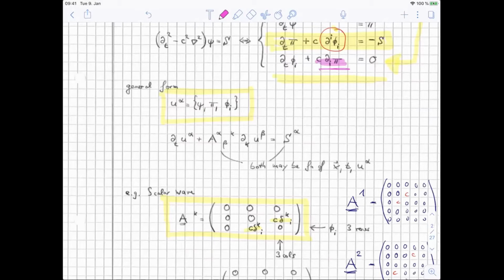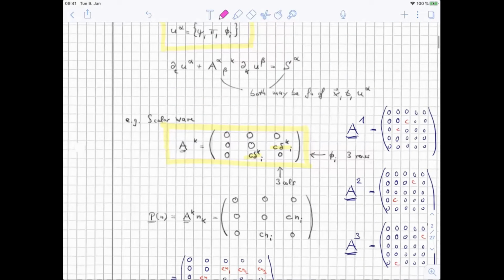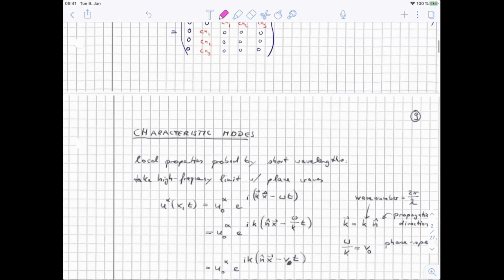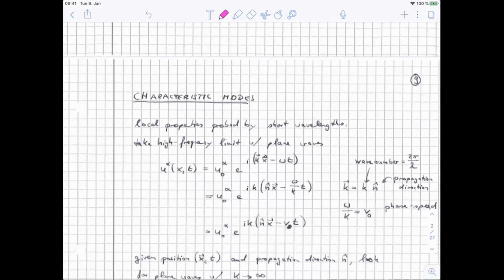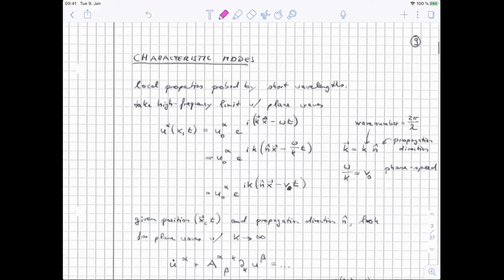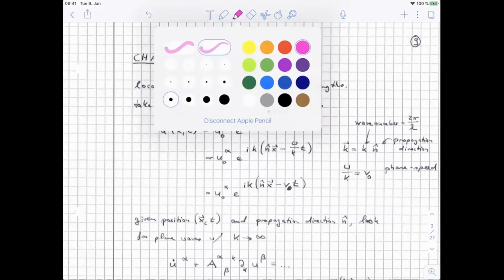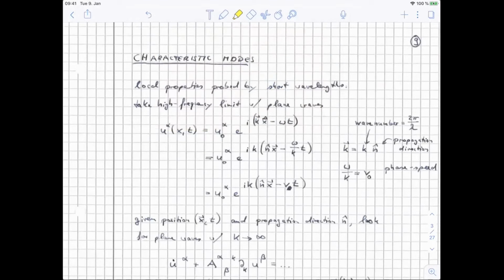So the scalar wave has some simple looking set of equations at the end of the day in this general form, with coefficient matrices A that are mostly consisting of zeros and that still have a typo somewhere in my notes here. If you have this first order form, from it follows a notion of characteristic modes and characteristic speeds.